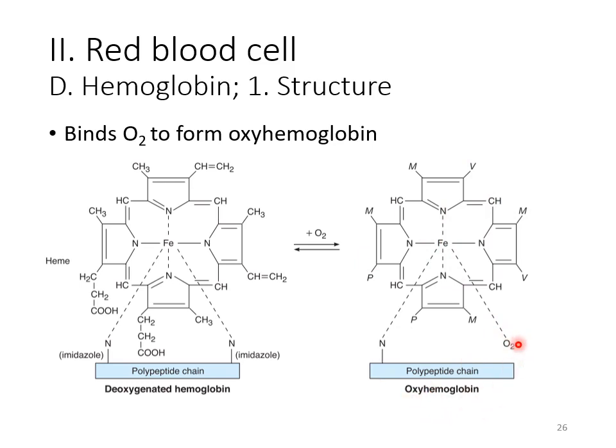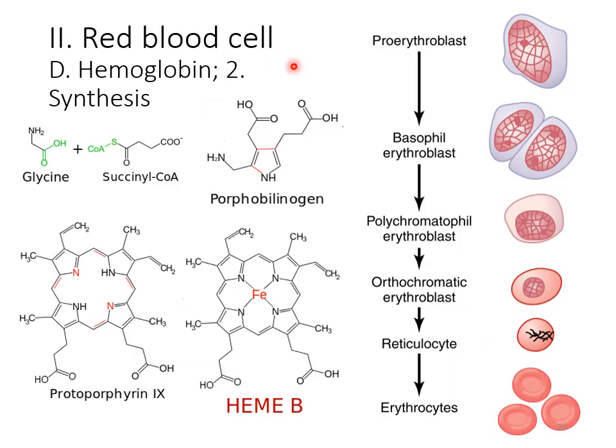Again, I'd like to emphasize that oxygen is just loosely bound to iron, because of course hemoglobin needs to be ready to give up that oxygen in order to supply the tissues with oxygen. So how is your heme formed? I do not need you to memorize the steps in the production of heme, but I'd like to show you some of these chemical structures so that you have some idea of how this ring structure could have been formed.